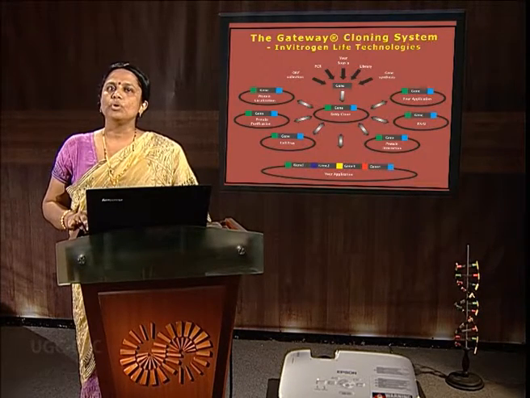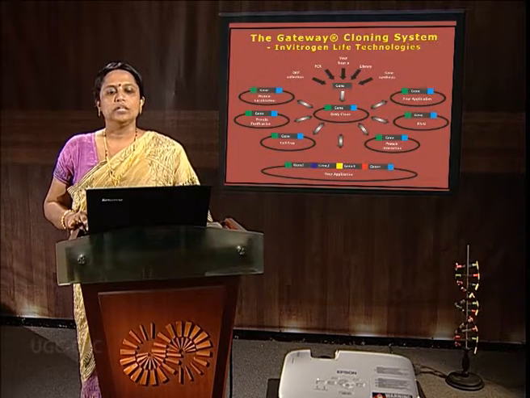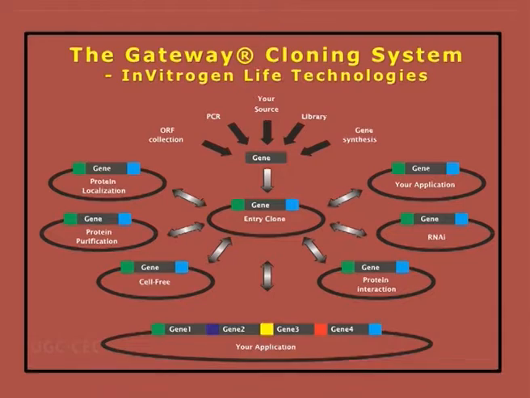Now, we are coming to another class of cloning vector called gateway cloning, which has really opened the doors and facilitated the concept of expressing any gene in any host. This method is very popular because of certain good points in these gateway cloning kits. Number 1, it facilitates directional cloning, which is very important when we are interested in expressing a gene.